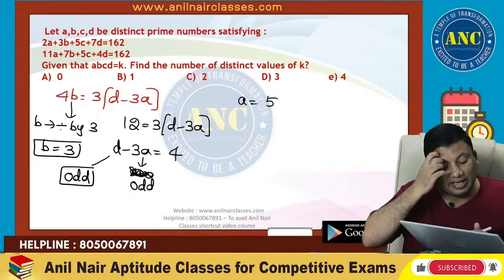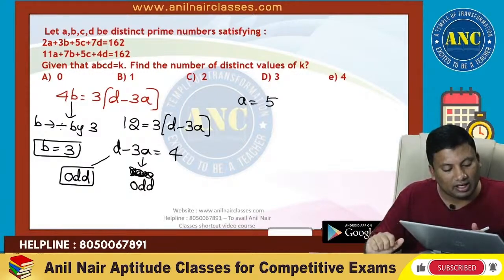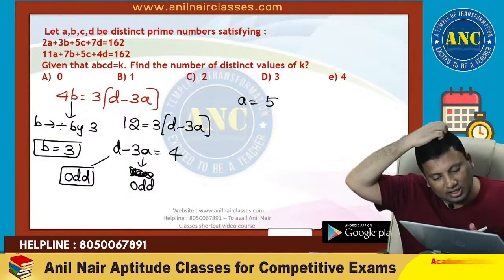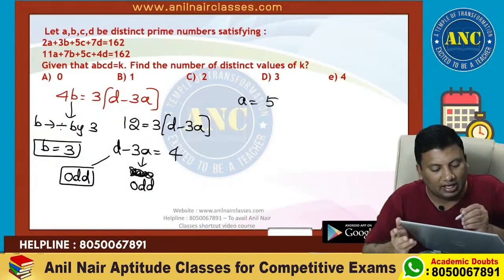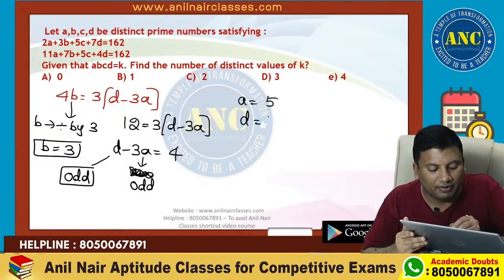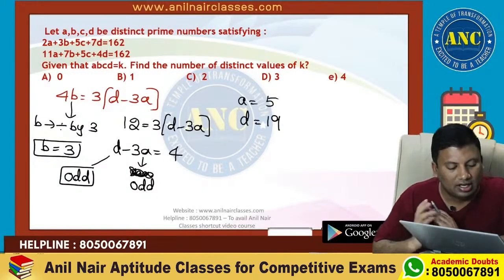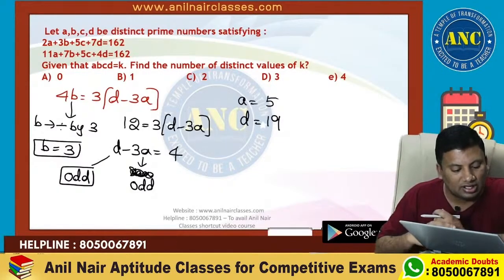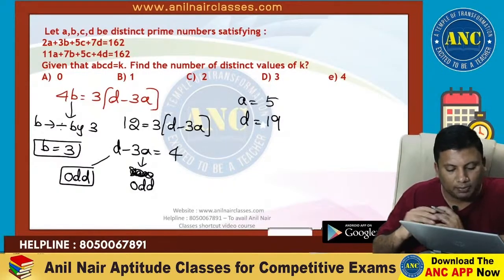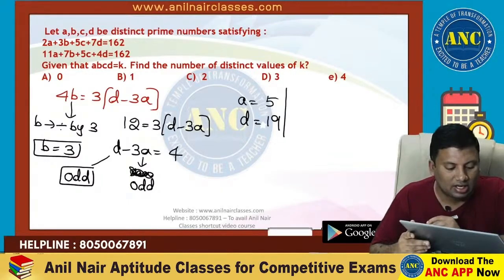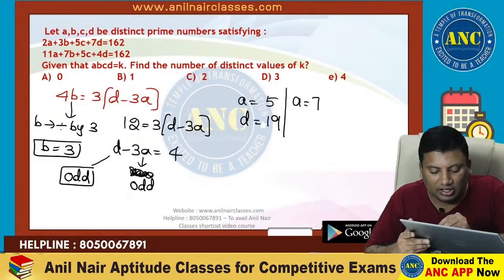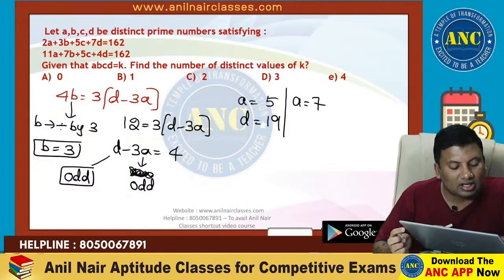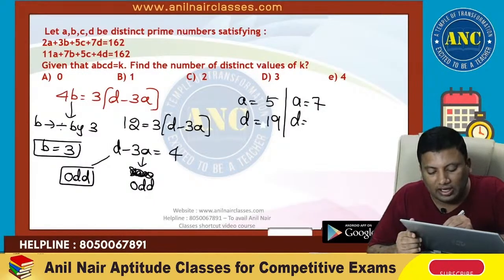Suppose I take A value 5. If I take A value 5, what will be the answer? 3 5s are 15. D will become 15 plus 4, 19. D value is 19. 19 is a prime number. This is one case. If A is 7, 7 3s are 21, D value 25.